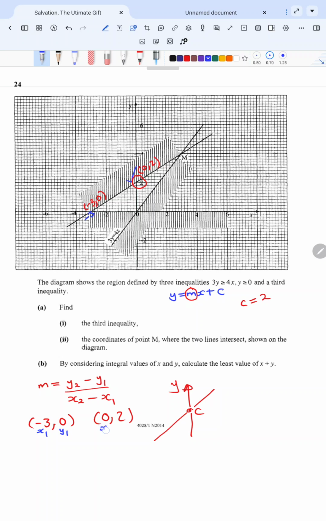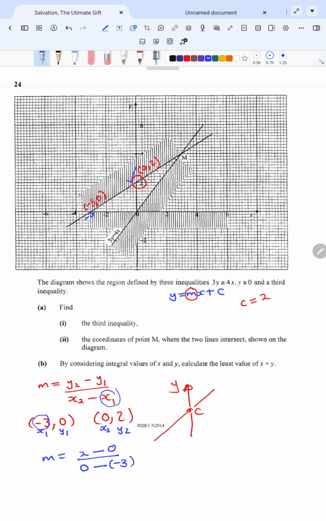Then this 0 is x2, then this 2 is y2. So m equals 2 for y2 minus 0 for y1. Then x2 is 0 minus, but you have to be very careful because we are subtracting x1, where x1 is also a negative number. So you are now having 2 negatives.